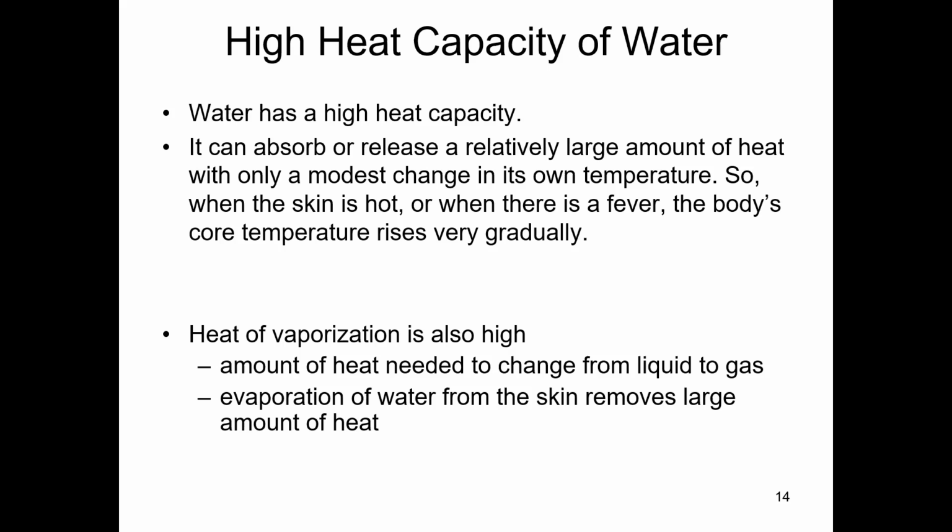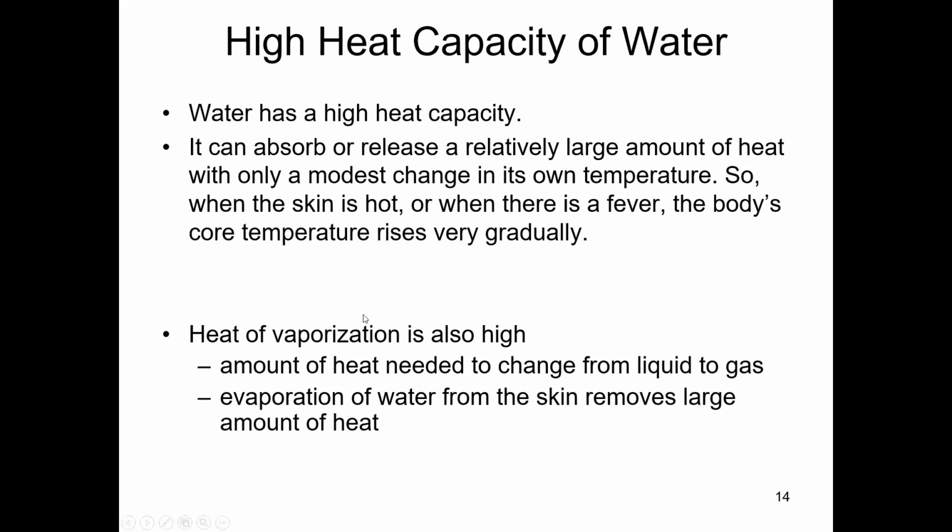So this is a great property of water. If you think about the water content in our blood, heat can be moved from one place in the body to another because water absorbs heat and can move it very easily.